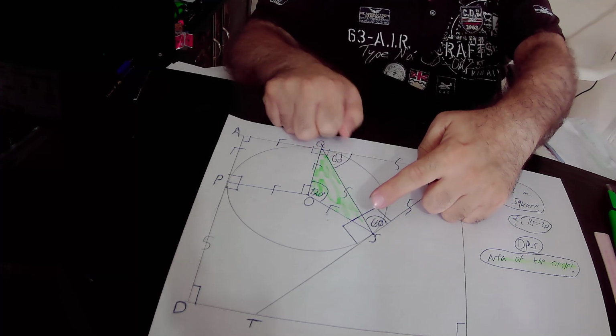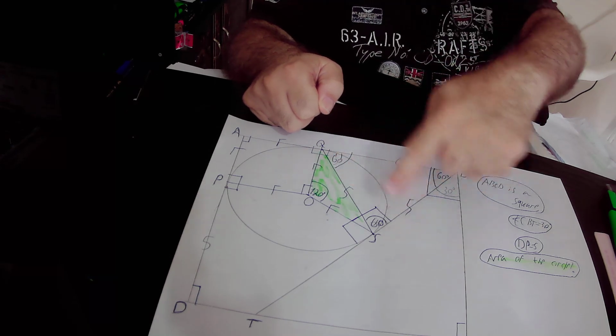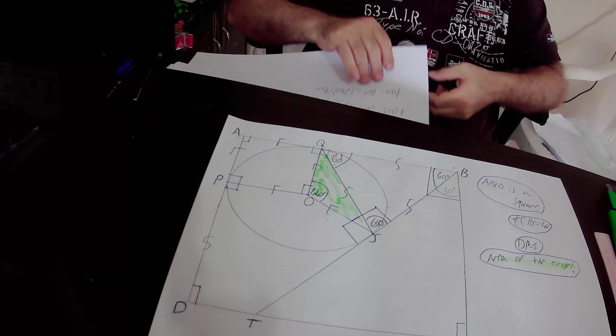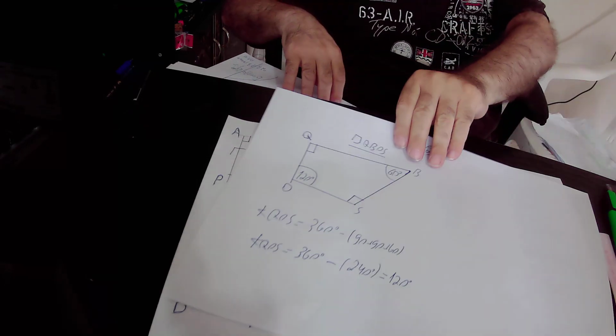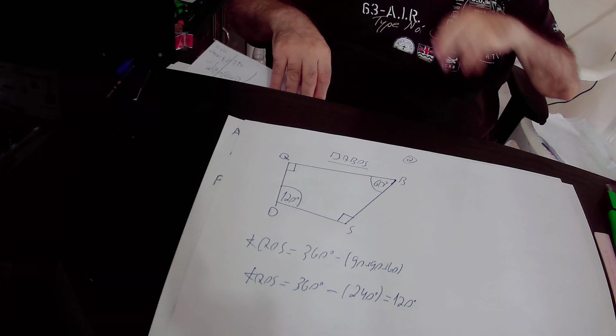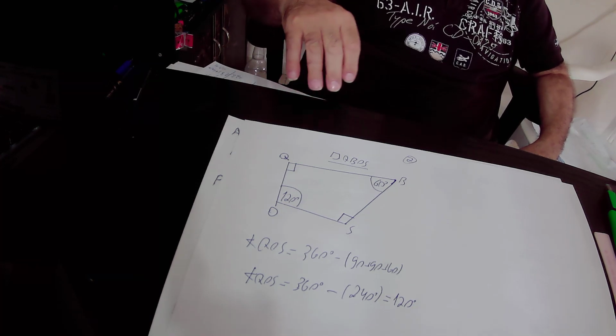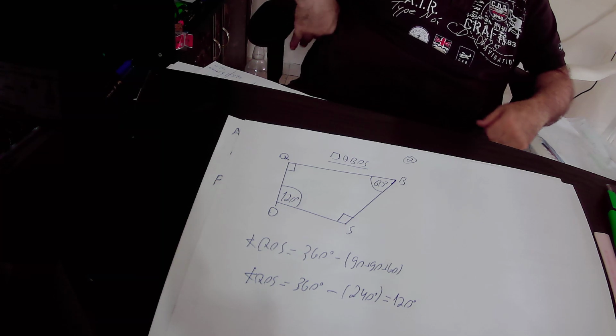Then I copied quadrilateral OSQB in a new page and analyzed quadrilateral QBOS. This is quadrilateral QBOS that I copied from the original drawing. In quadrilateral QBOS, the sum of the angles must be equal to 360 degrees.